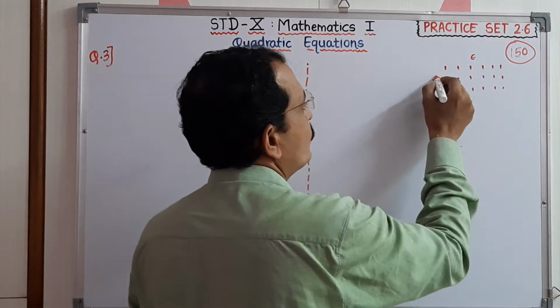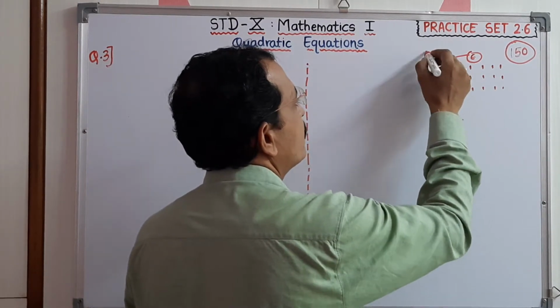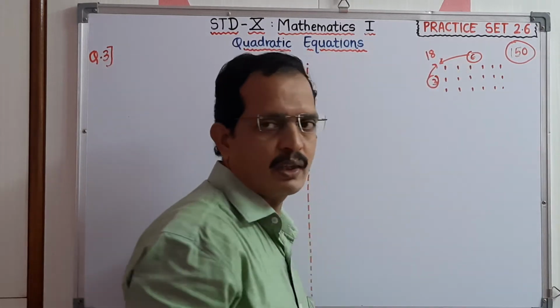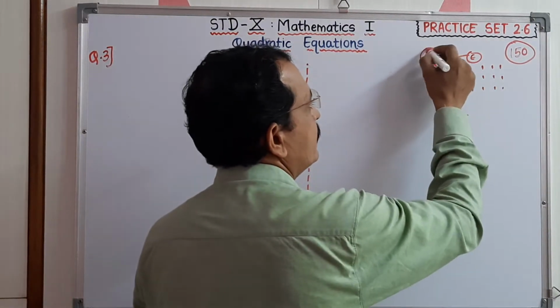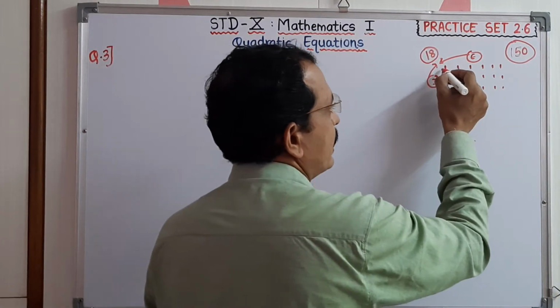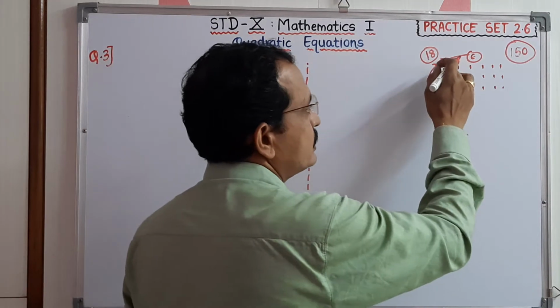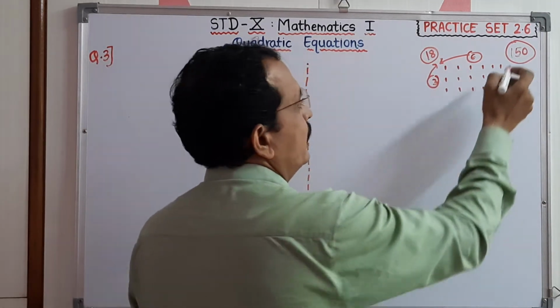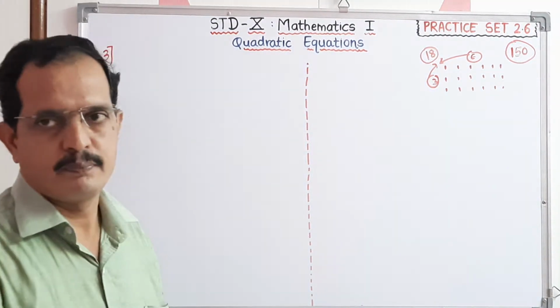Then we have to multiply this, it is 18. That means the total number of trees is 18, because there are 6 columns and 3 rows. Here there are total 150 trees.